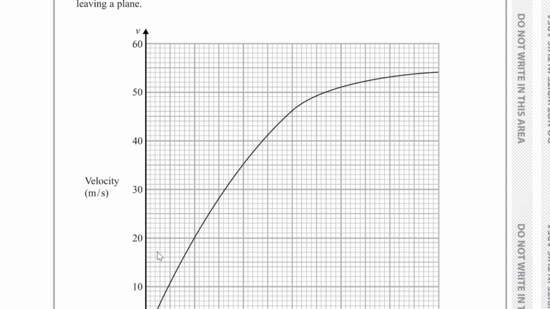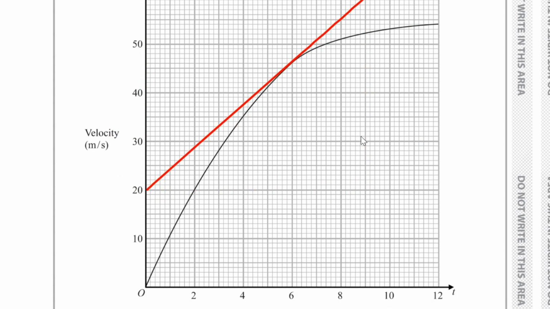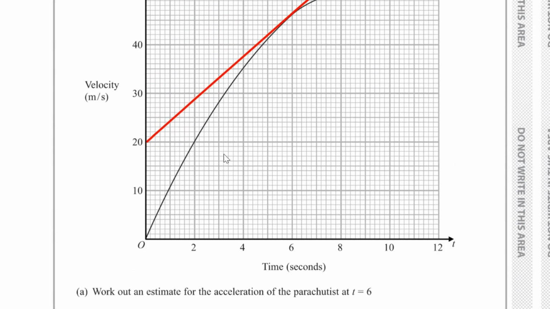Let's see if we can make it as straight as possible. We have something looking like this, and let's just make sure it touches the curve exactly once. Okay, let's move it like that. Now we need to find out the gradient of this.